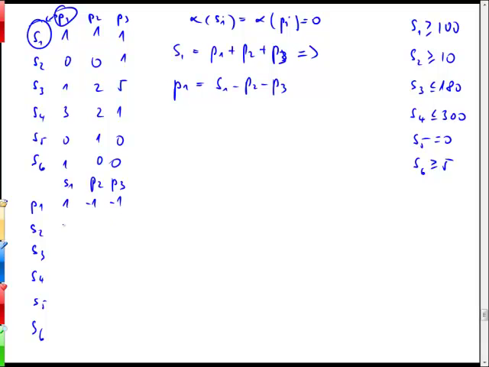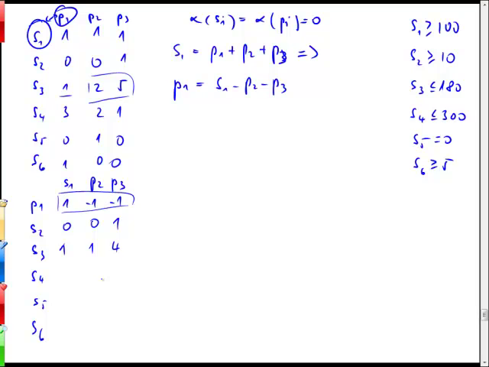The next row for S2 was independent of P1, so it remains the same. For S3, I have basically these two components plus 1 times the first row, this one. So what I have is 1, 2 minus 1 is 1, and 5 minus 1 is 4.